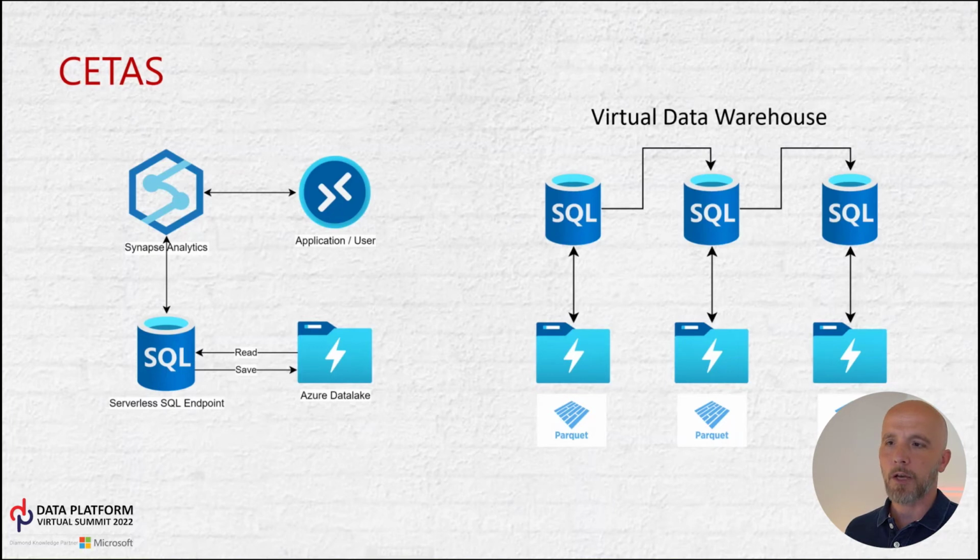Here I have added 3 layers. It can be 2 layers, it can be 5, it can be whatever layers that you need. The data is read in each stage from the data lake. If you then need to store the data as a pre-calculated table, you can do that using the CTAS, save a Parquet file, use that external table as a source for the next layer in your data warehouse.